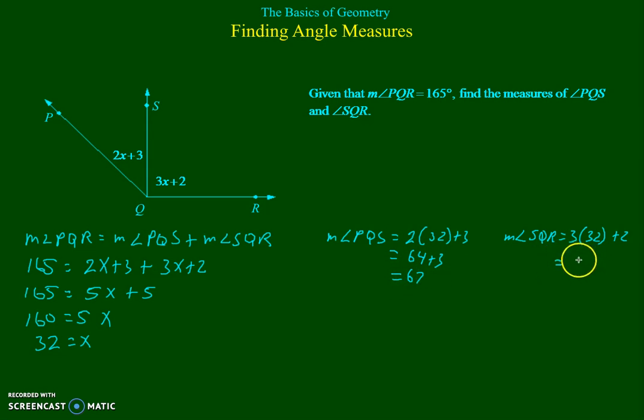And that's 96 plus 2, which is 98. And we better hope that 98 plus 67 is 165. So this is 150, 150 plus 15. Yes, it's 165. So we got it right. Let's move on to the next problem.